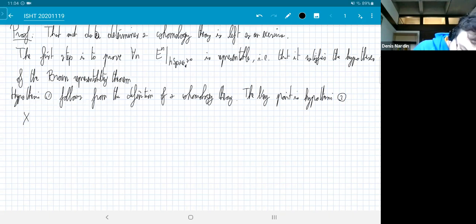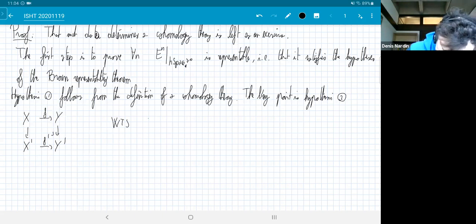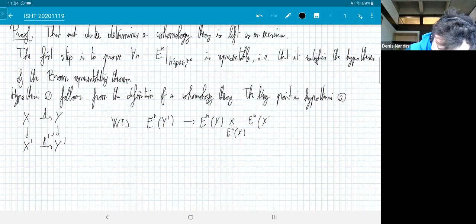so we have a push-out diagram. And we want to show that En of Y prime, En of Y, En of X, En of X prime is exact.